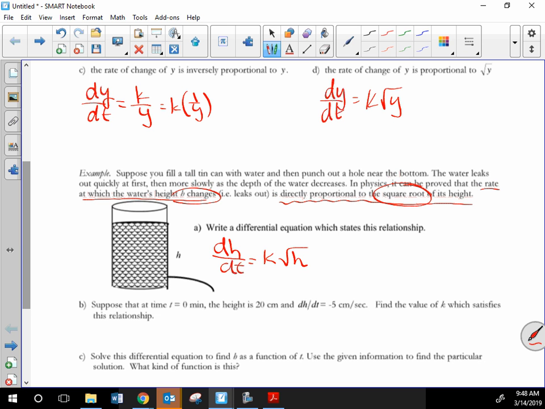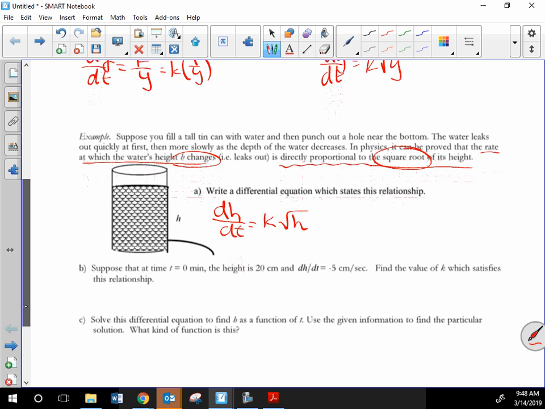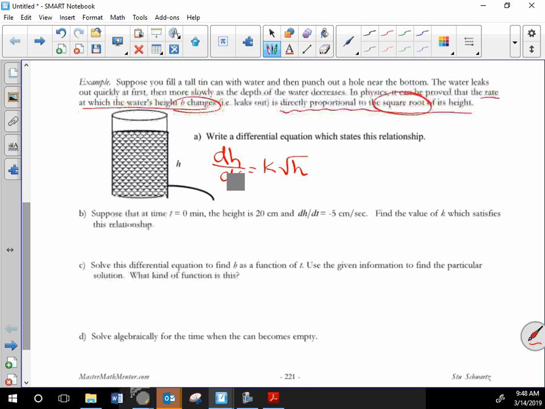So when we go to solve the differential equation, like for C, we can't use the shortcut. We have to go back to what we did with our separable differential equations. You have to multiply by dt, get the h's on one side, the t's on the other, and then take your integral. So this would be going back to the old way, what we did last class.